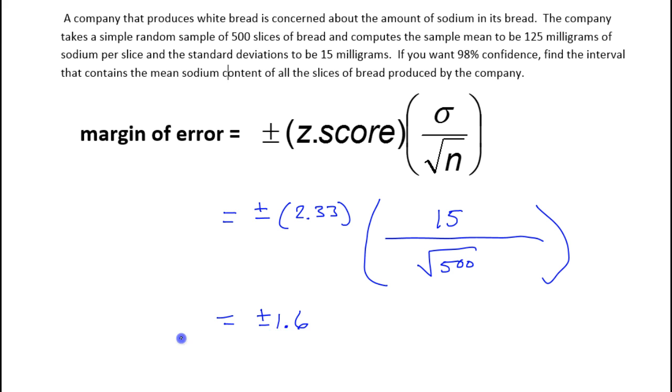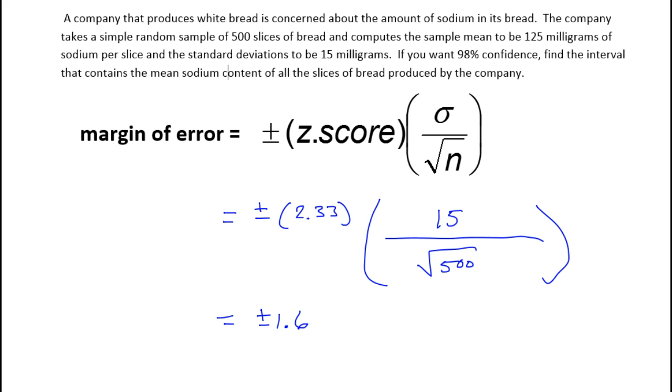To get the interval, I need to look back at the sample and see what was the sample mean. How much sodium was on average in the sample of 500 slices? Well, the sample mean was 125 milligrams of sodium.